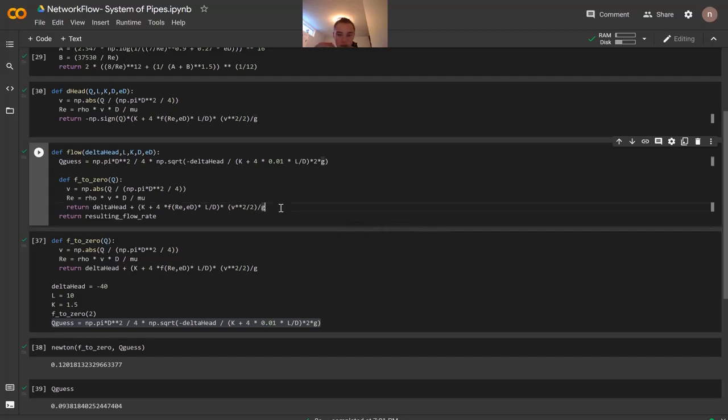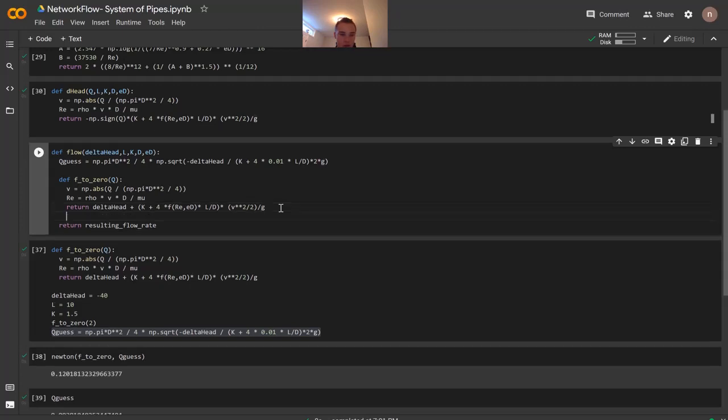And then we also need to put in what this resulting flow rate is going to calculate. So we know that this flow function is going to calculate a resulting flow rate using the Newton's method. So we'll have our resulting flow rate, and that's going to equal our flow calculated using the Newton's method.